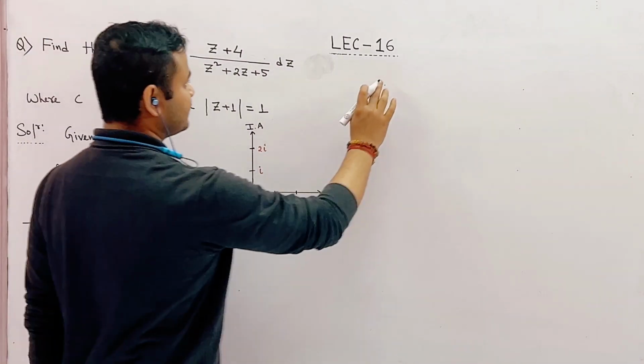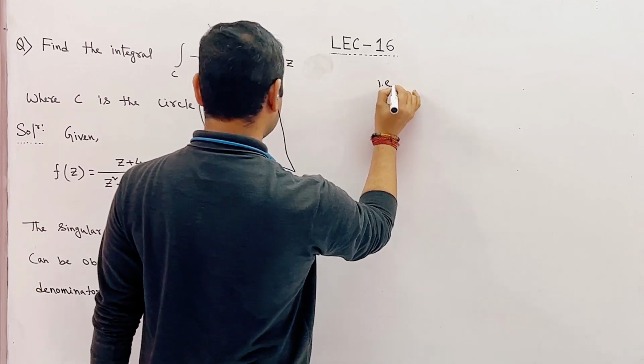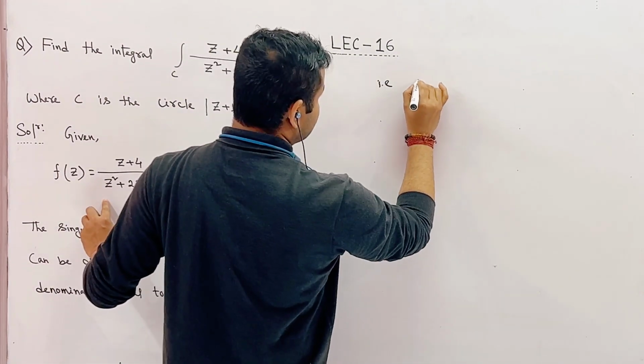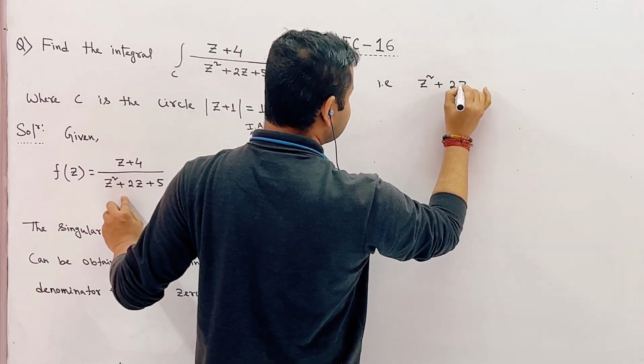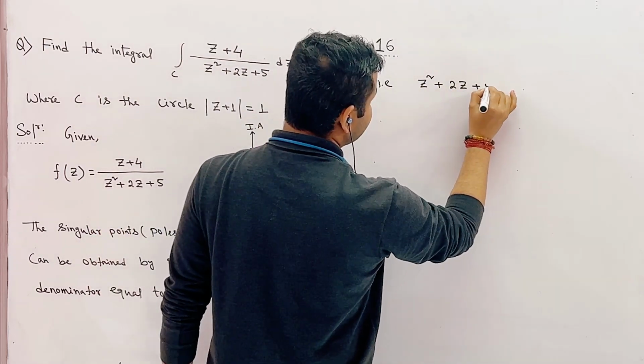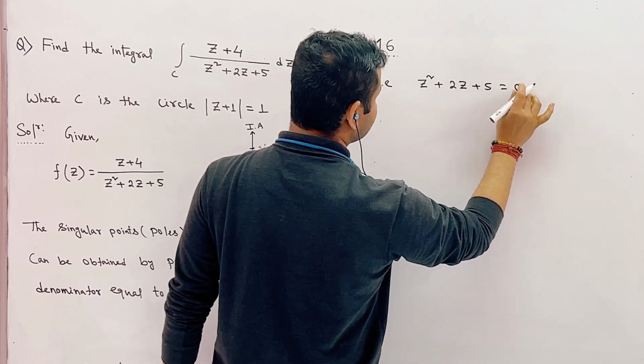That is z square plus twice z plus 5 equal to 0.